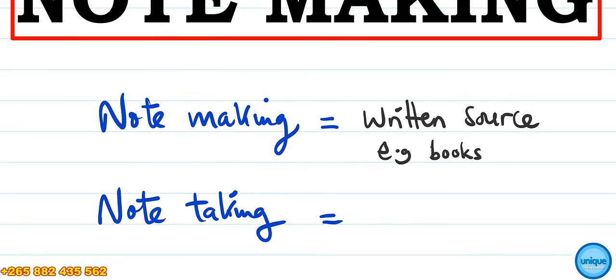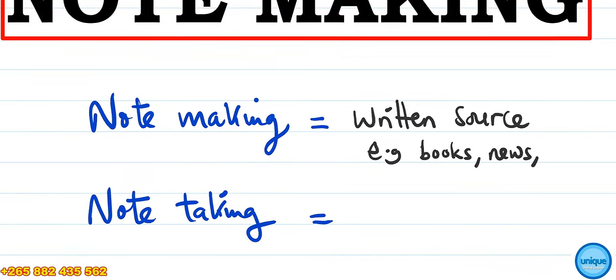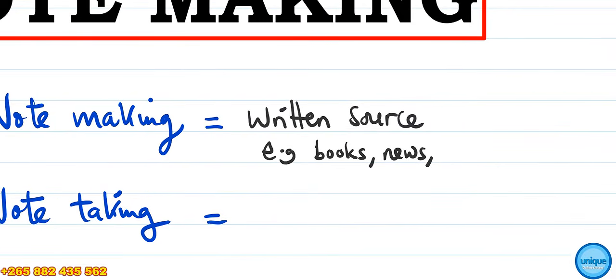Amino tumena kuti pamene mukupanga notes, you are making notes. Notes are made from written source. Books ka munyuzi or journals. Pamene we say that you are making notes, you are collecting notes from written source.